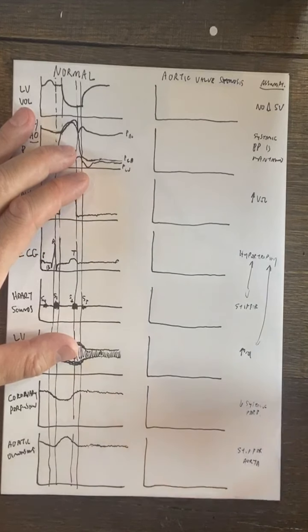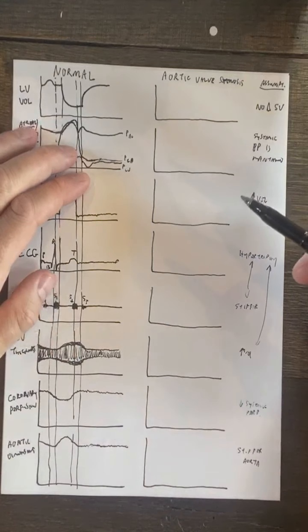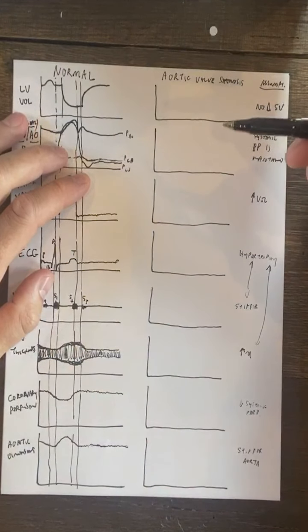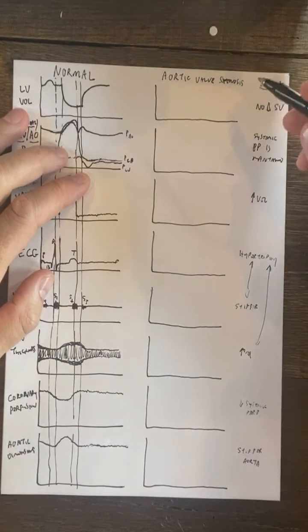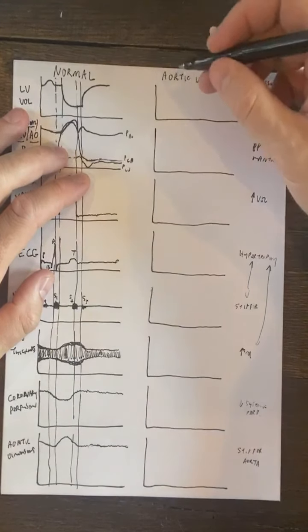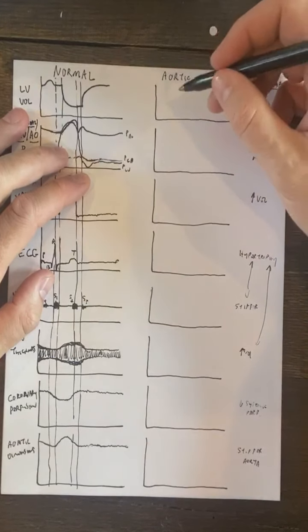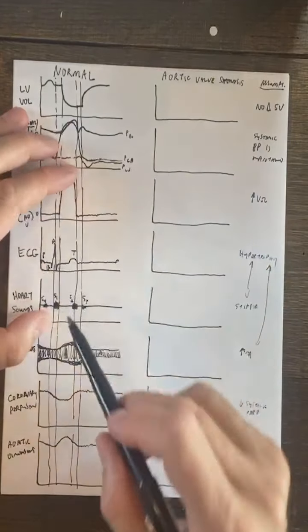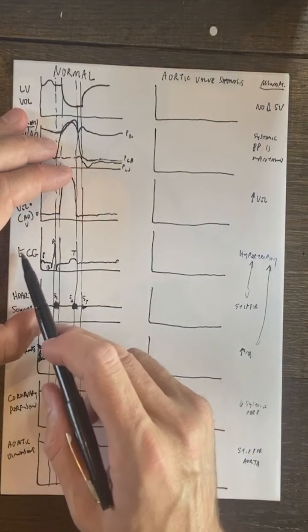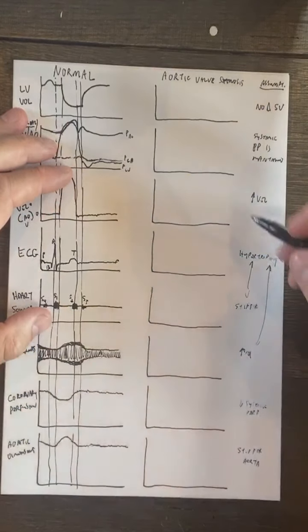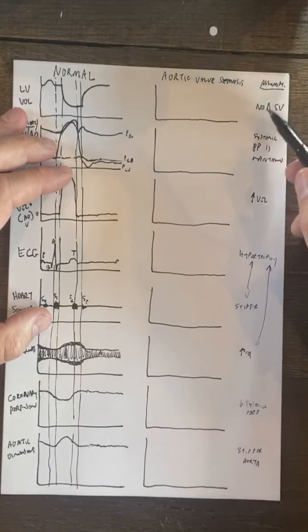And now let's just go through and draw these things out. When we are talking about left ventricular volume, we're going to say there's no change in stroke volume. And maybe finally, in terms of ECG, we've got a preservation of stroke volume.